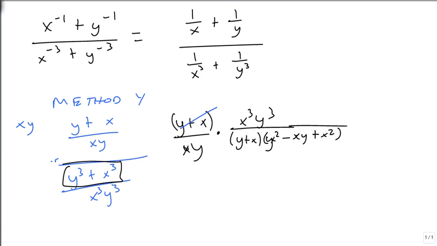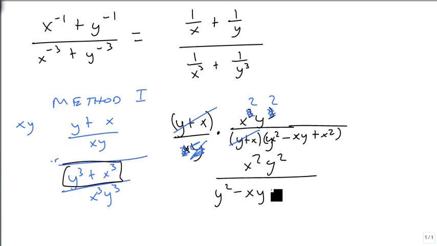So now we notice that when we divide out, the (y + x)'s divide. 1 x on bottom cancels with 1 x on top. The y on bottom cancels with 1 y on top. And our final answer using method 1 is x²y² over (y² - xy + x²).